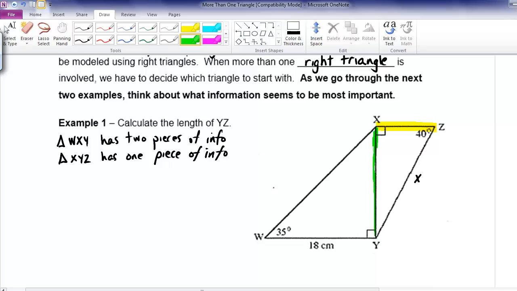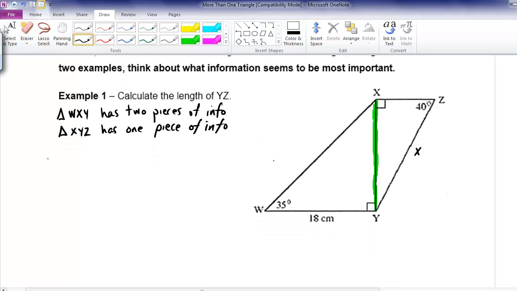If we could determine one of these sides of the triangle XYZ, then we'd be able to answer the question. One of these sides is going to be more straightforward, and the one we really want to figure out is this green one. So I have to deal with the triangle on the left first, figure out how long that green line is, and then use that information to answer the question I really want to answer.